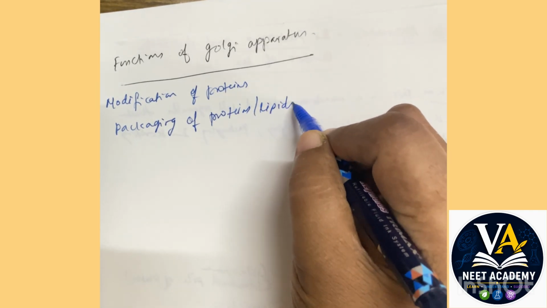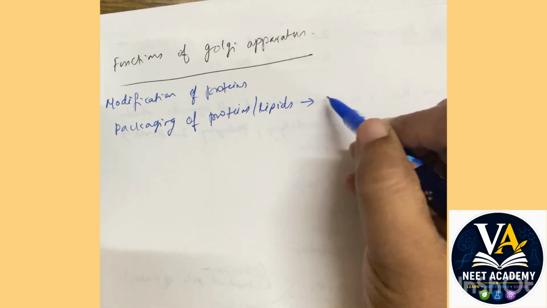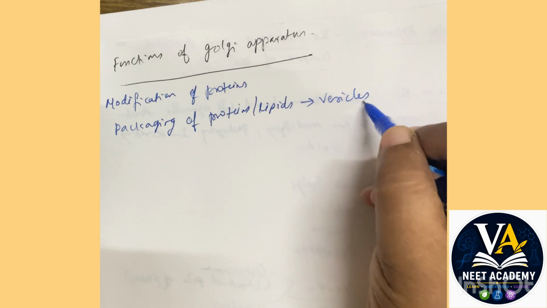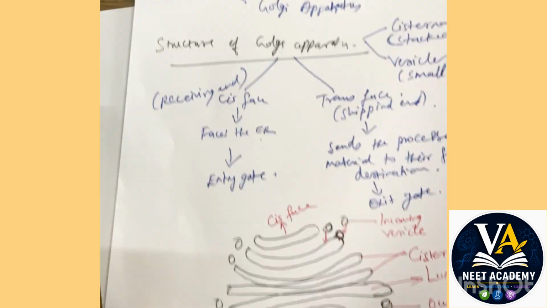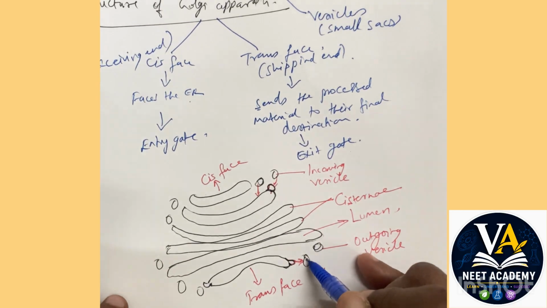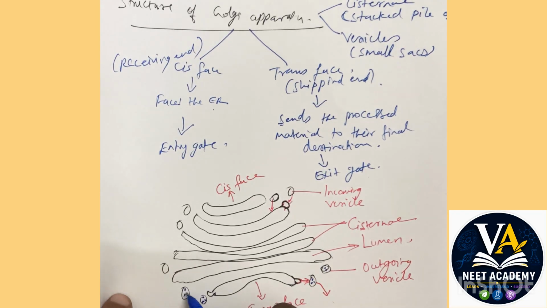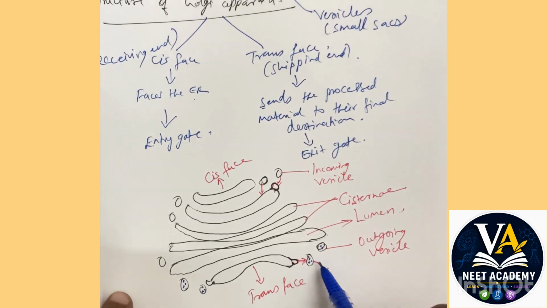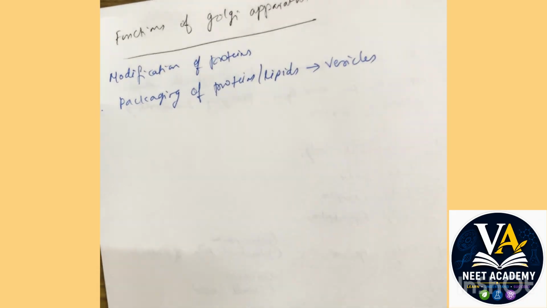Everything which is received by the Golgi apparatus is also packed. Packed in the form of what? It is packed inside the vesicles, as I have shown in the diagram. The vesicles carry the proteins and lipids which are modified and then packed, to be carried to the final destination. So packaging is done here, right?